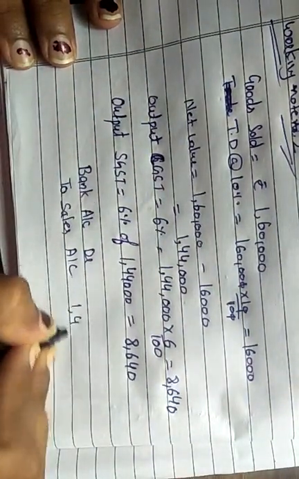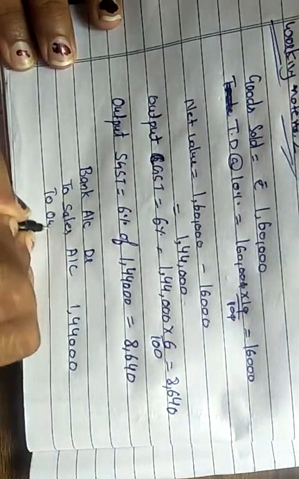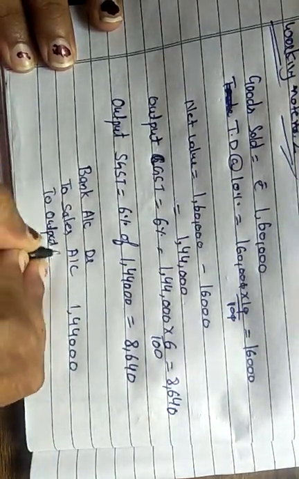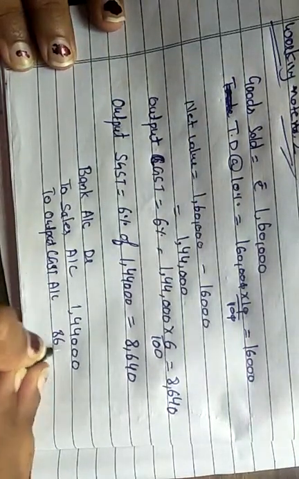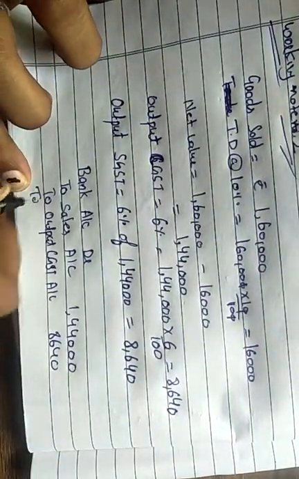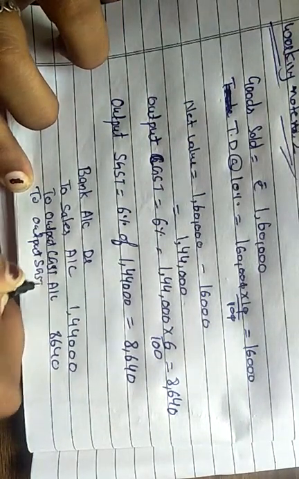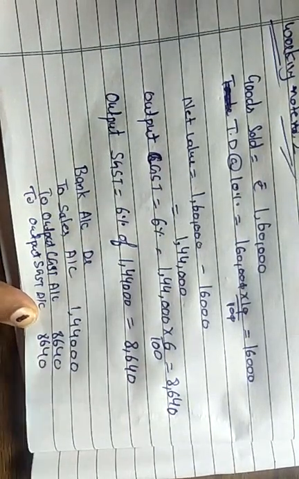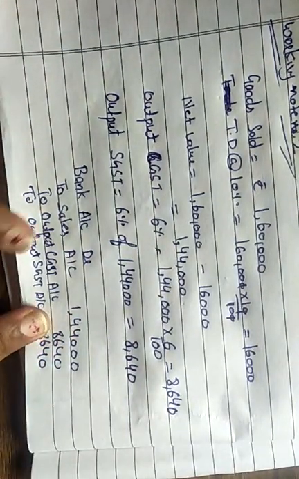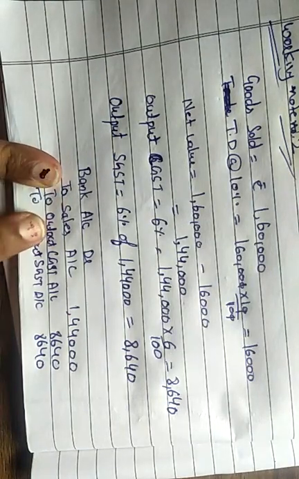In sales, we debit the amount 1,44,000, to output CGST account with 8,640, to output SGST account also 8,640. Okay, so we debit the bank account with 3 accounts: sales, output CGST, and output SGST.